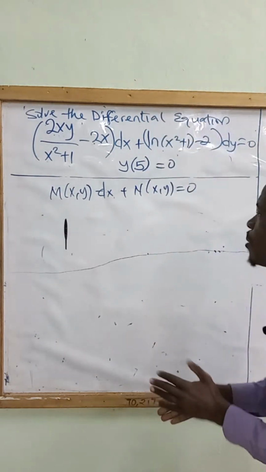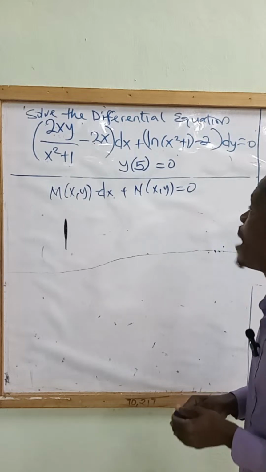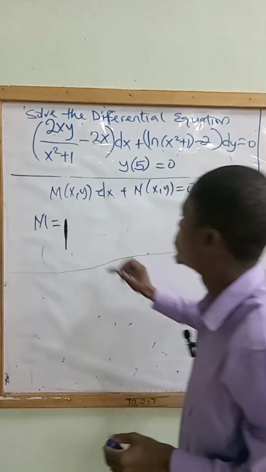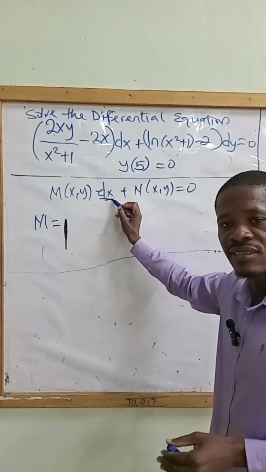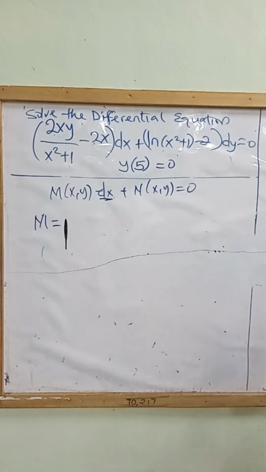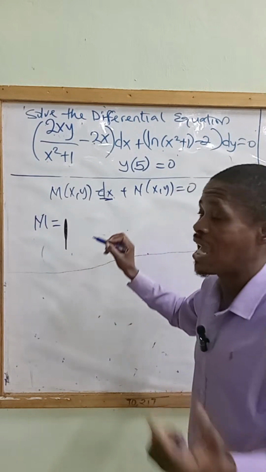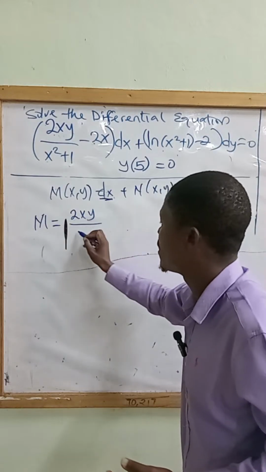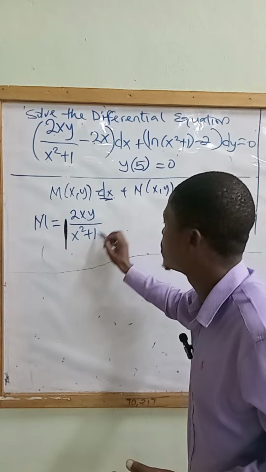So in that case now, my M is this. The attachment to the x is the M, and that's 2xy over x squared plus 1 minus 2x.